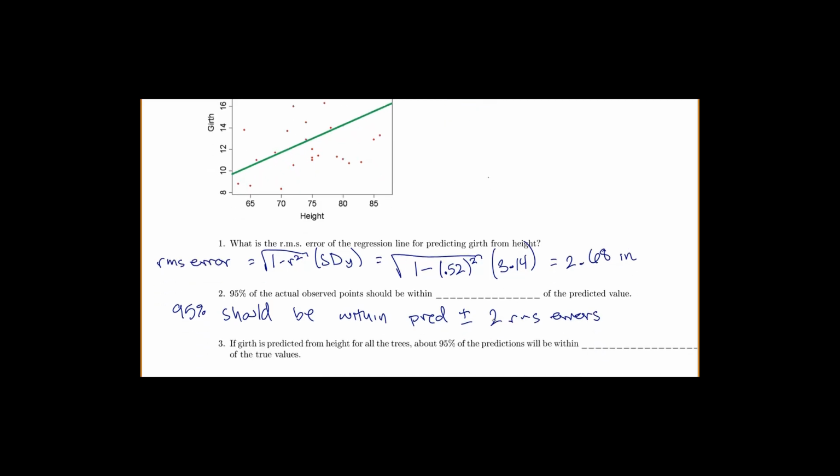So 2 times our RMS of 2.68 equals 5.36. So 95% of our actual observed points should be within 5.36 of our predicted value.